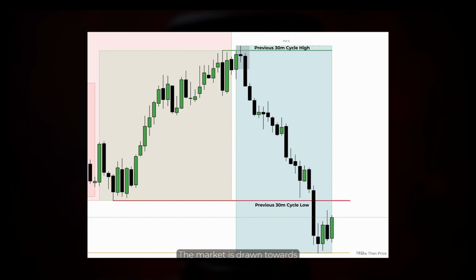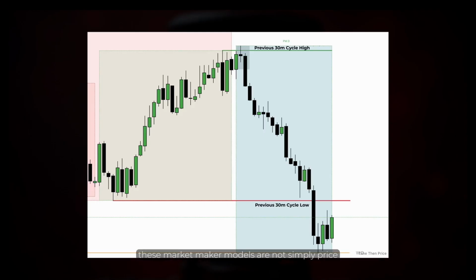The market is drawn towards sell-side liquidity engineered throughout that previous cycle. Where is the sell-side liquidity engineered? It's engineered below the previous cycle low, below the previous 30-minute cycle low, which was the low of that original consolidation. And this is what's important to note.